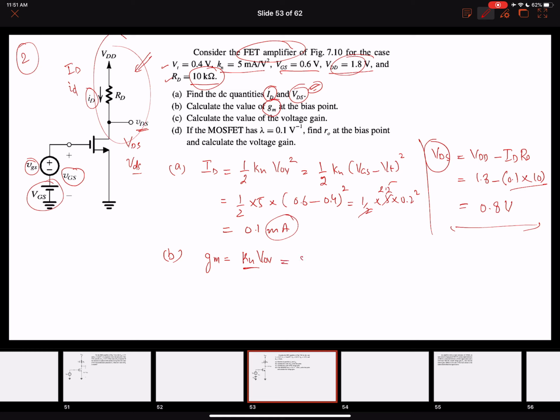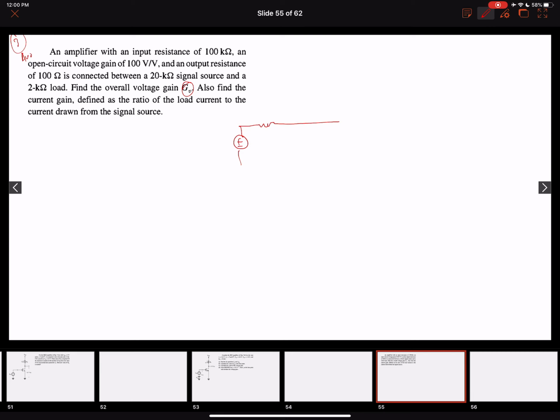Okay, so let's start, I think I can start with making a circuit. So we will start over here with plus minus, and then we have this, and this is your amplifier here.